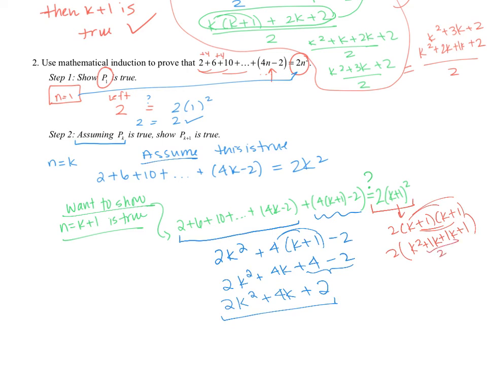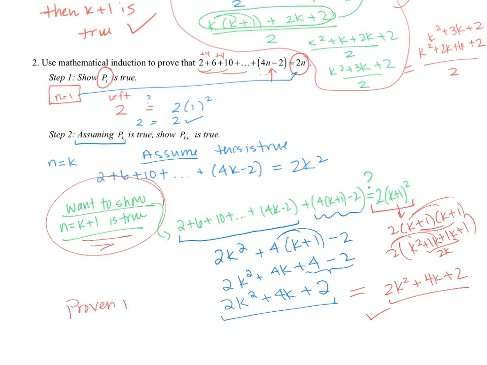Well, this will be 2k squared plus the 4k plus 2. It does work. They are equal. So we just showed that the k plus 1 is true, which means that this statement is true. So we have proved it. And that's mathematical induction.